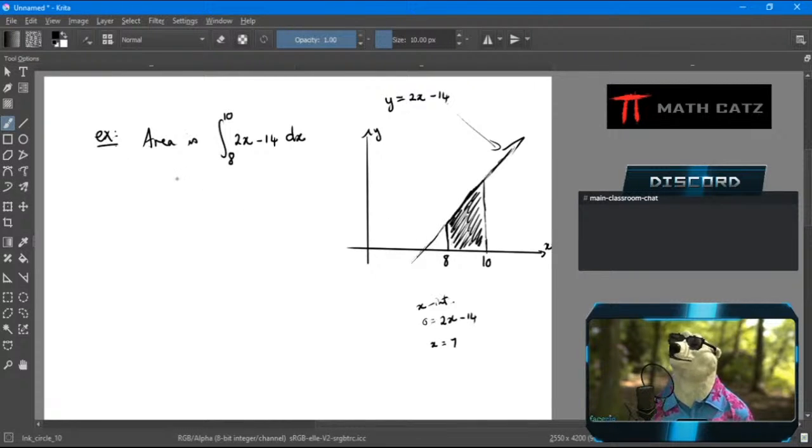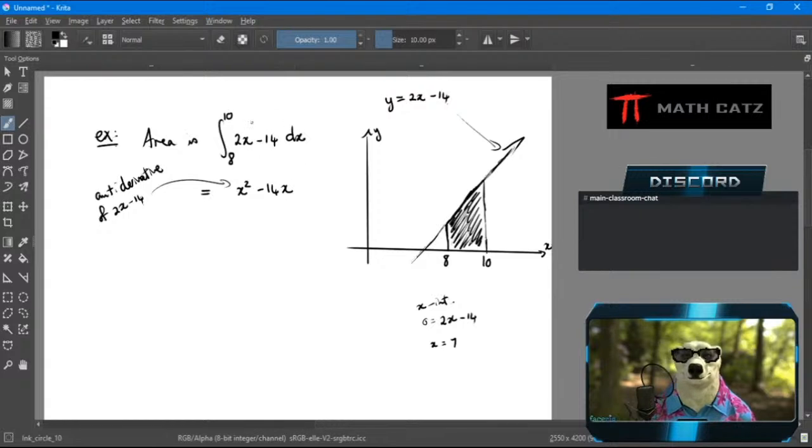Now let's see what this new fancier calculus area calculation tells me to do. So first, I need an antiderivative of 2x minus 14. Well, that's going to be x squared minus 14x.